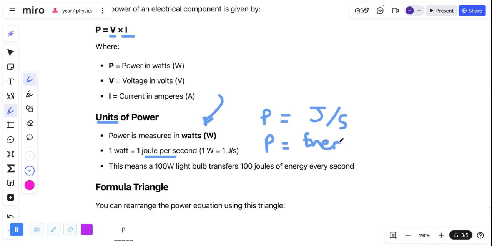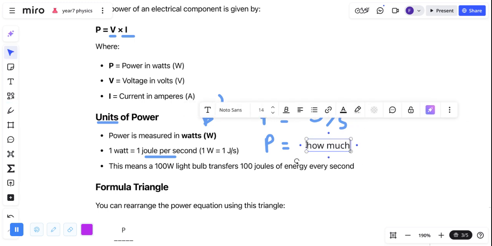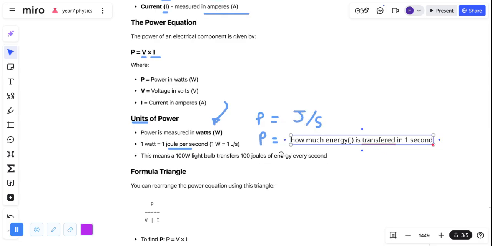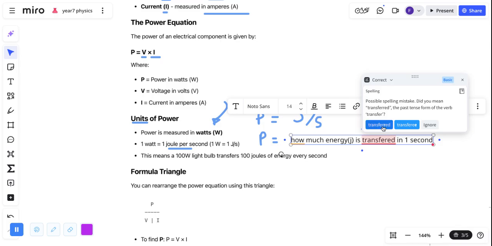How much energy is transferred in 1 second? Let me type that out. How much energy, and the unit of energy is joules, is transferred in 1 second. And that is very, very profound for me.